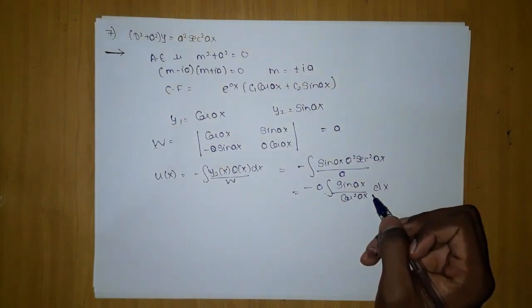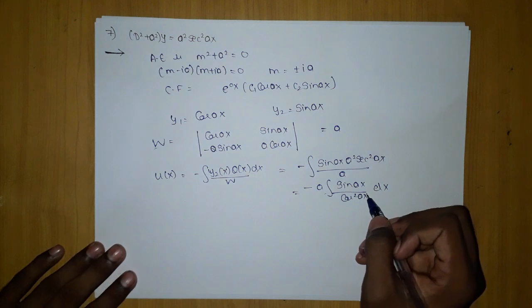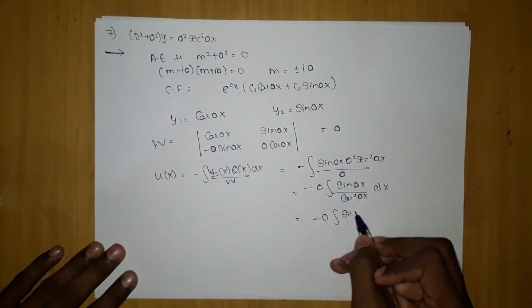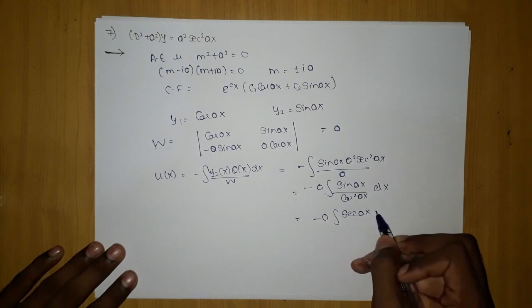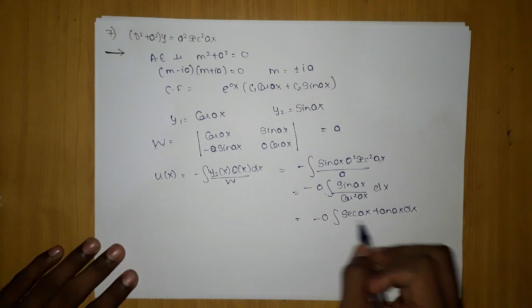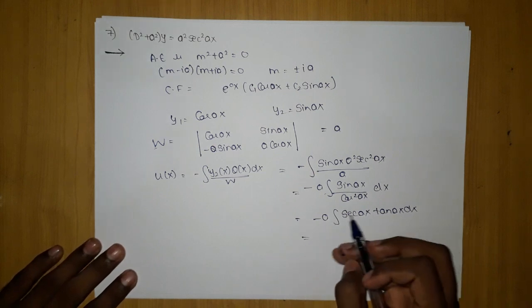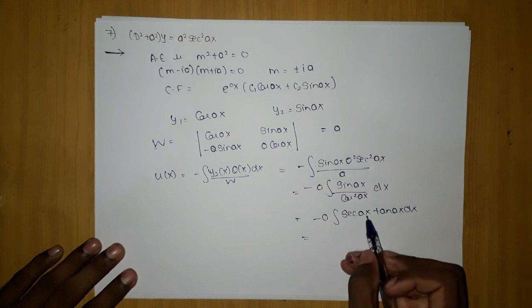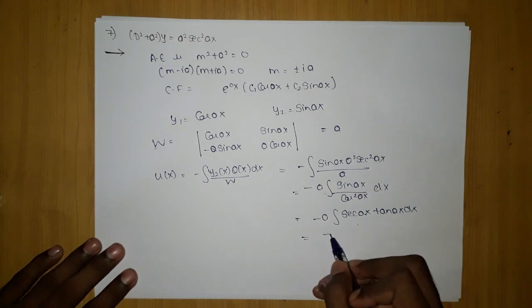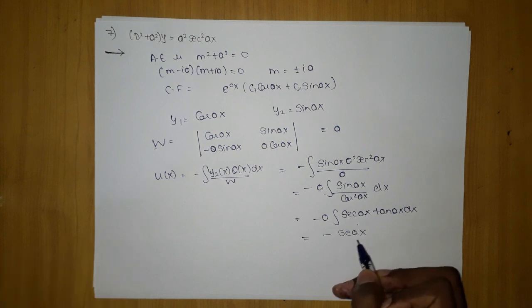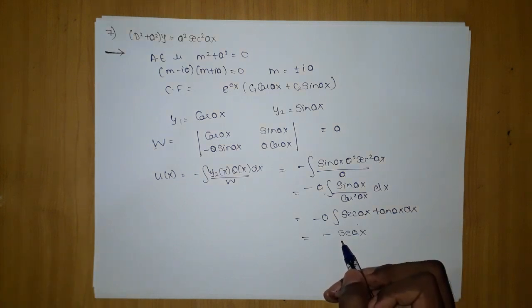Now we are going to split the things, which gives me minus a integral sec ax into tan ax into dx. Now you know its integration is very easy. It is nothing but sec ax, and by chain rule the a will appear and cancel out, giving me sec ax as our answer. So this is our required answer.